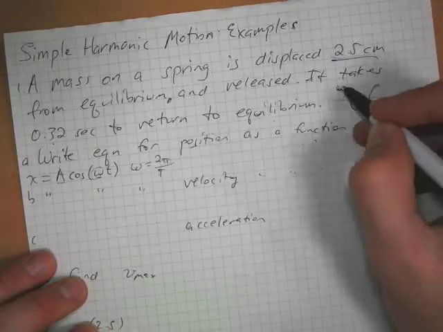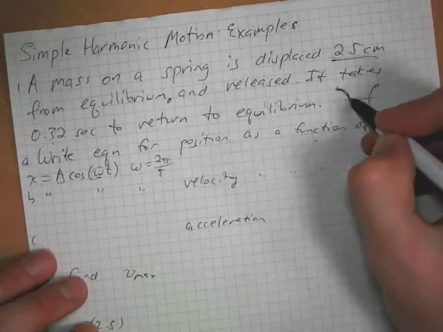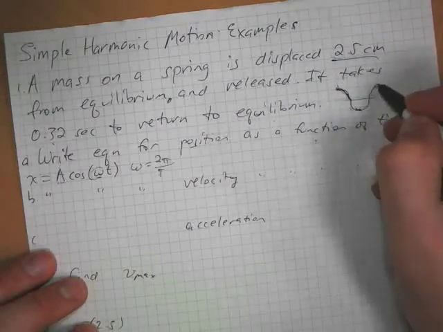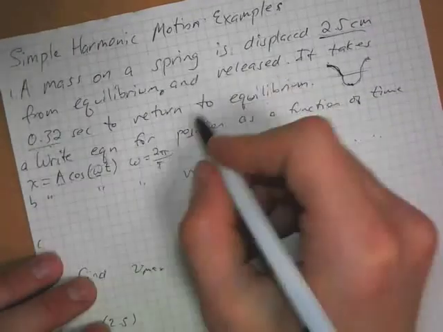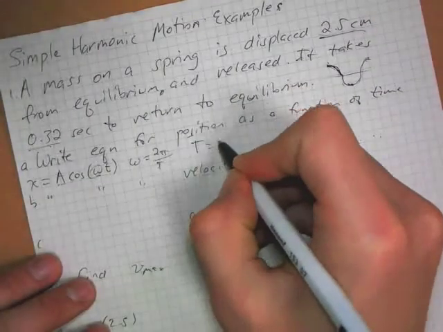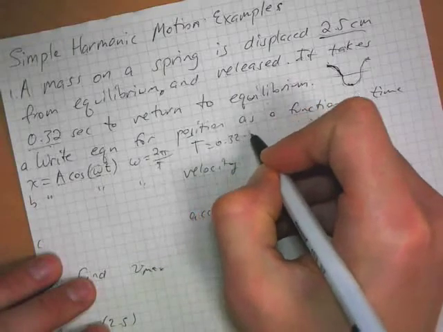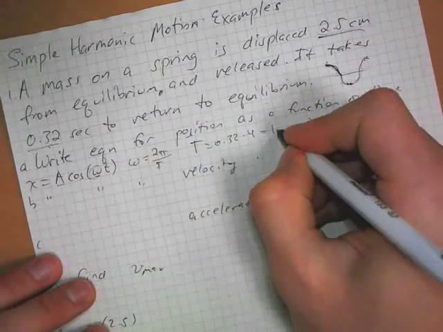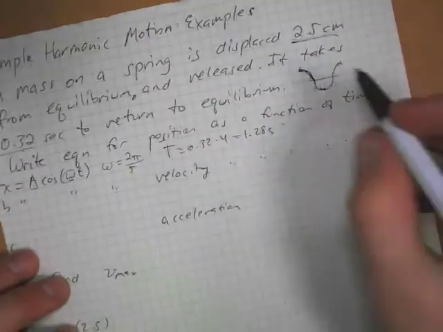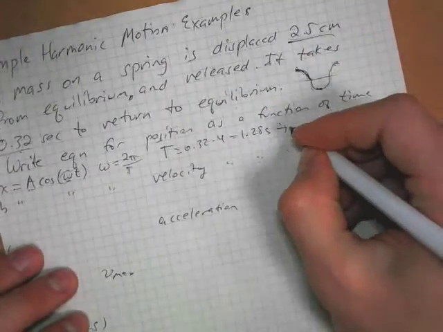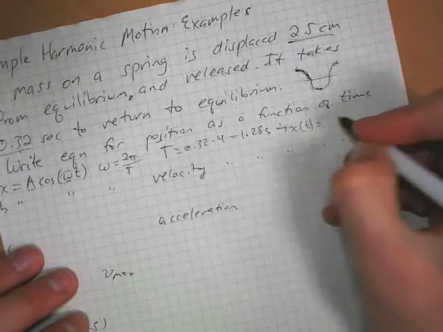So going from here to here is a quarter of the full period. So if it takes 0.32 seconds to return to equilibrium, our period is 0.32 times 4, which is 1.28 seconds.